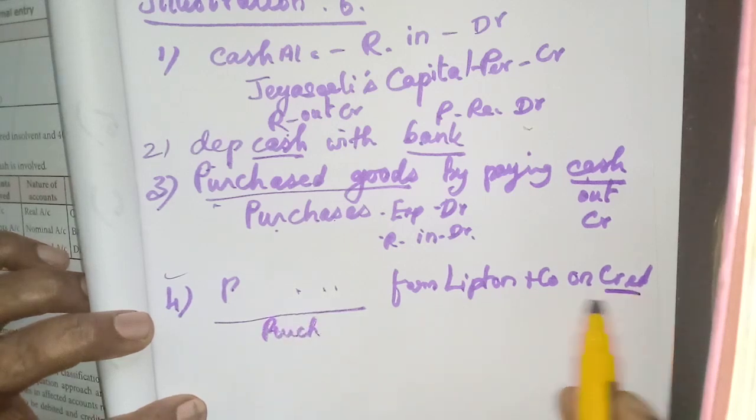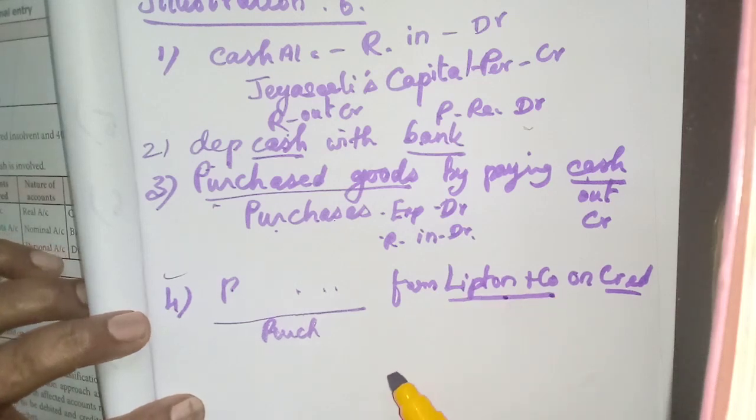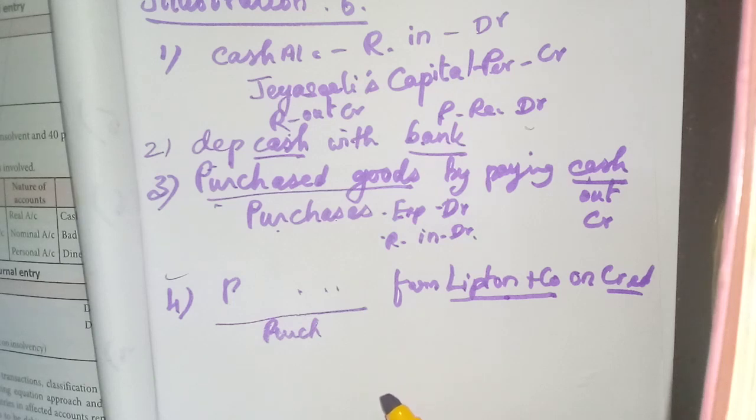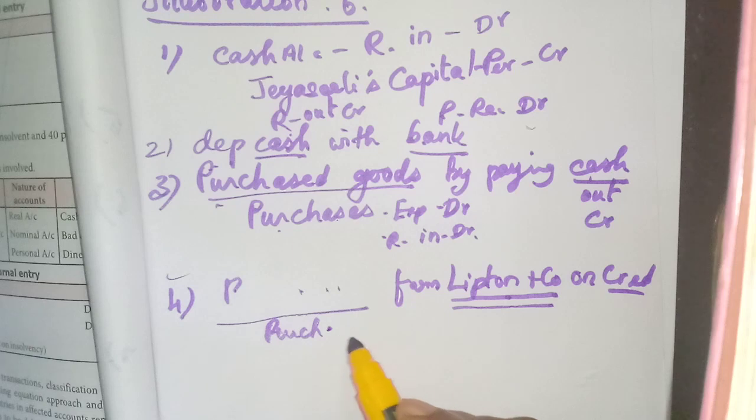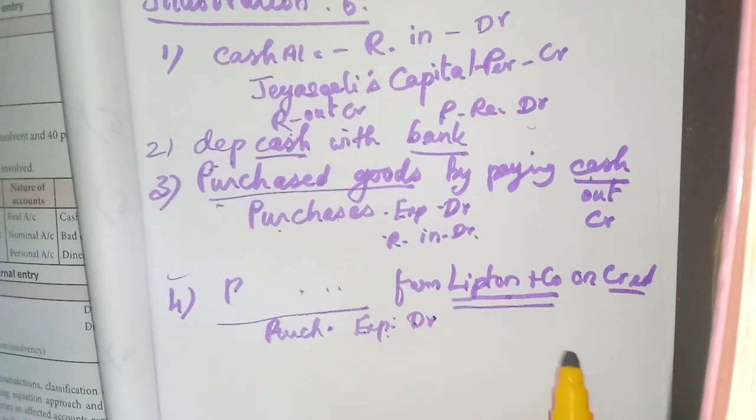Here it is on credit, so we cannot take cash. It is a credit transaction, so we should consider the person who gives. This is Lipton and Co account and purchases. Purchases, we are purchasing, it is an expense, we have to debit. Always purchases debit only.